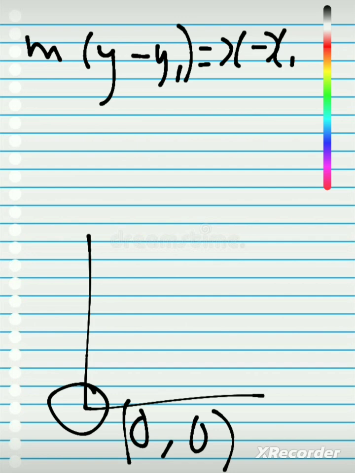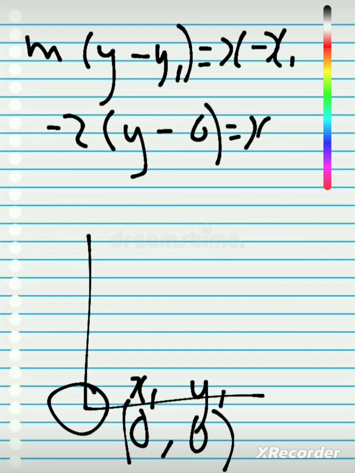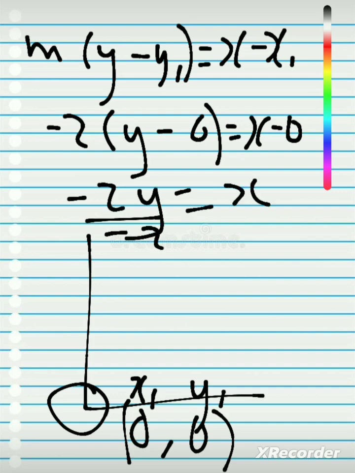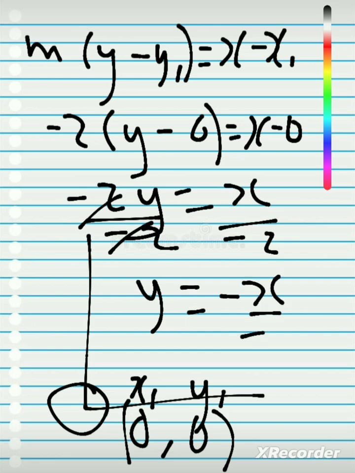So our x1 is 0 and our y1 is 0. What's our m? We've calculated that it's negative 2. So y minus 0 equals negative 2 times x minus 0. If you want, you can divide by negative 2 on both sides, so you have y is equal to negative x over 2.